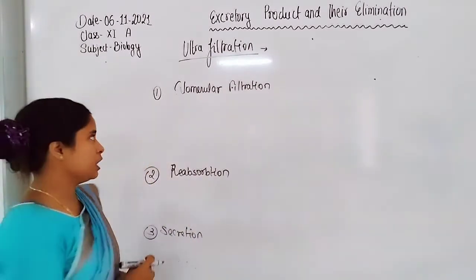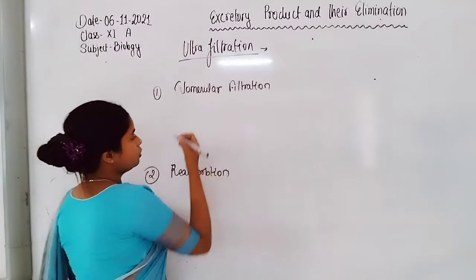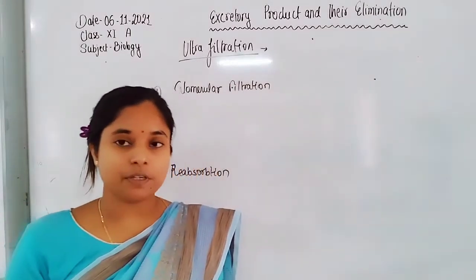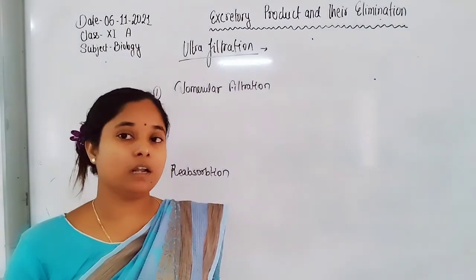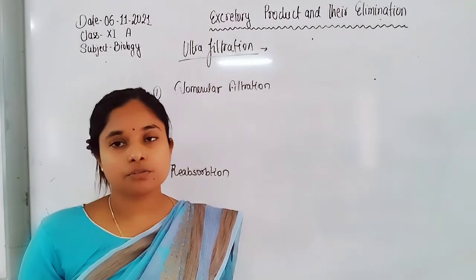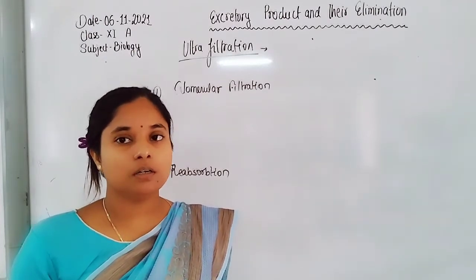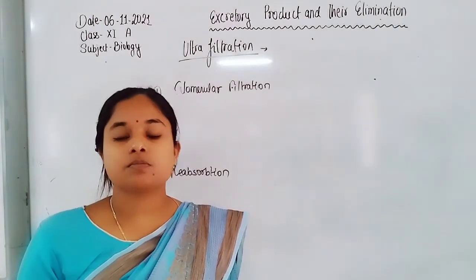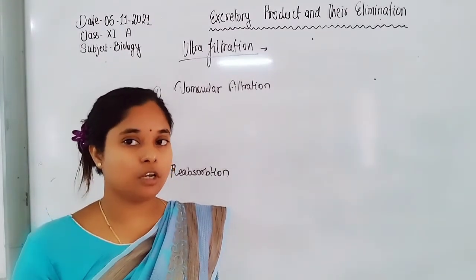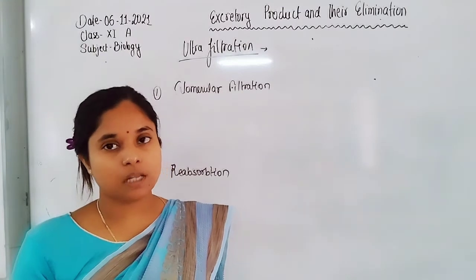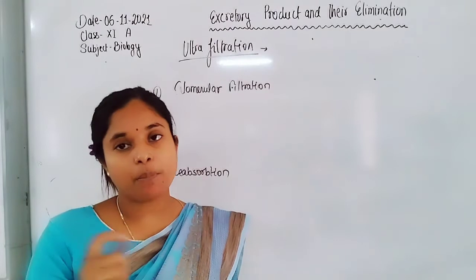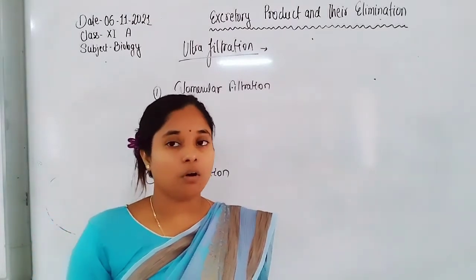So in the first step, glomerular filtration, the podocyte cell only allows plasma constituents with a specific shape and size to pass through, not all the cells.